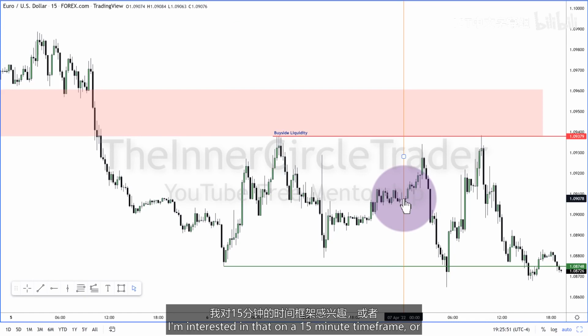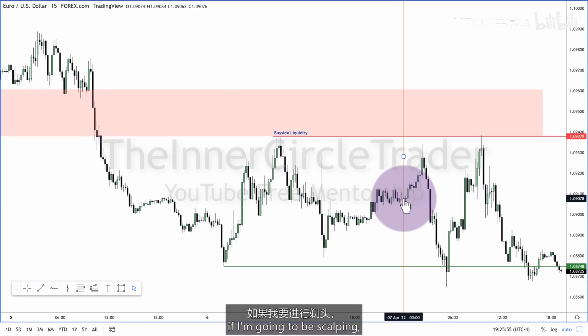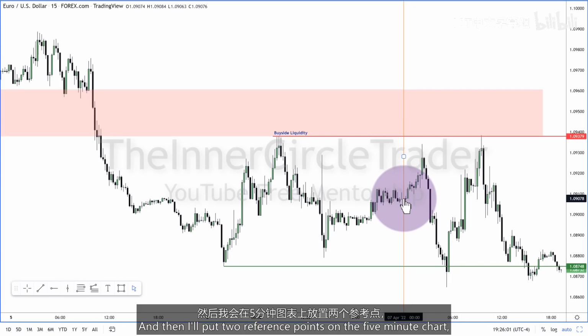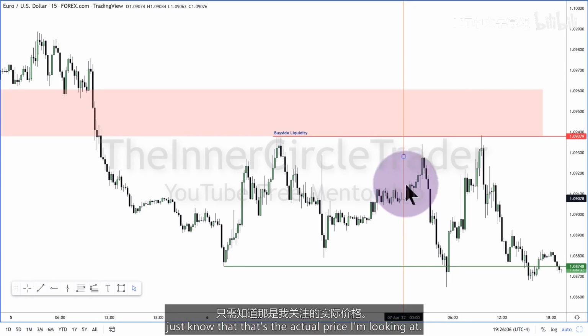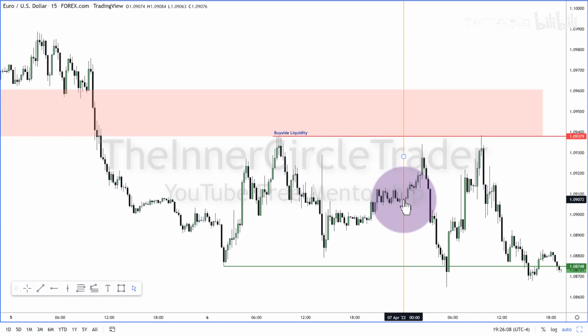I'm interested in that on a 15-minute time frame, or if I'm going to be scalping, I'm going to use the 5-minute chart. Okay, and then I'll put 2 reference points on the 5-minute chart. But for the sake of this discussion, just know that that's the actual price I'm looking at, and I'm drawing that out in time.